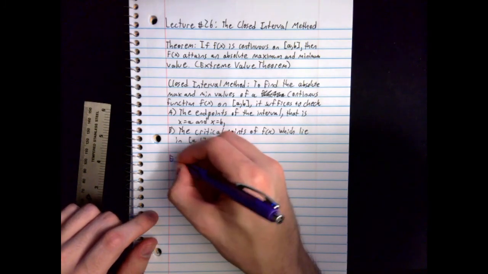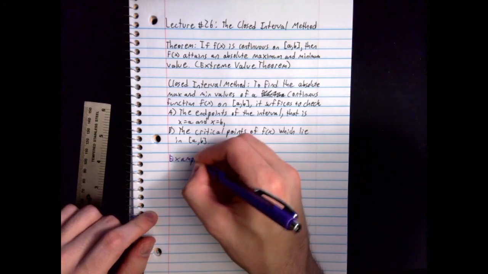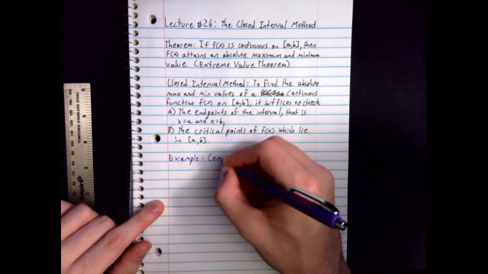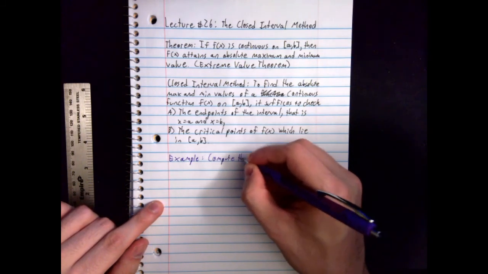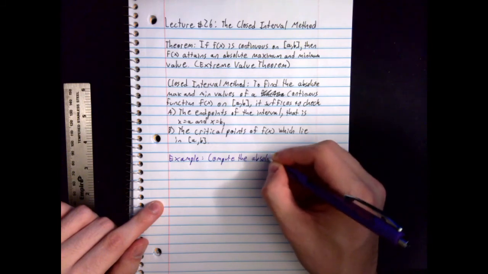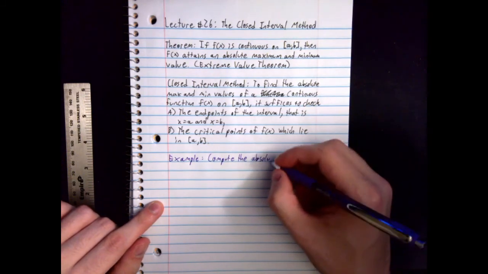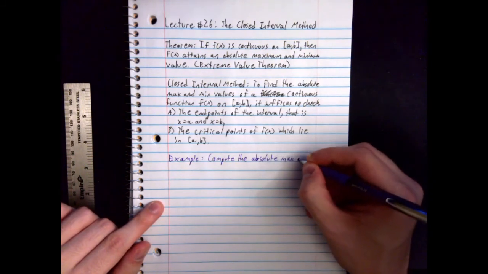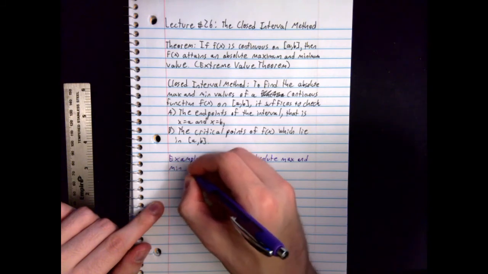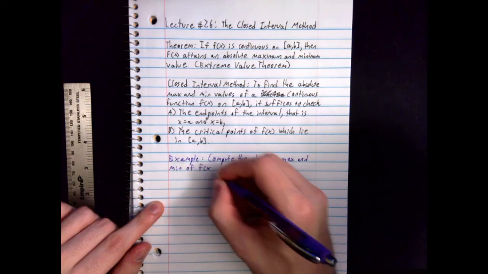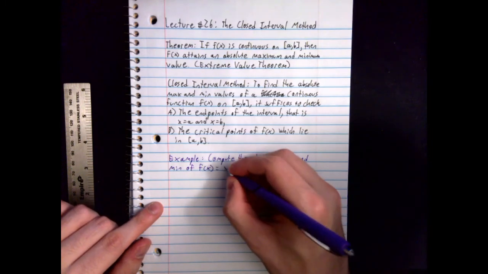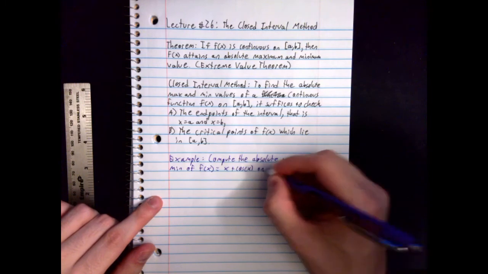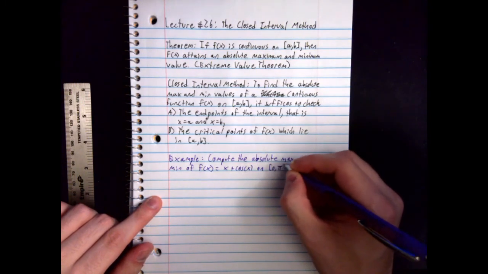So example. Let's compute the absolute, and we might also call this the global, maximum and minimum, absolute max and min of, and the function we'll use for this first example is just x plus cosine of x, and we're going to do this on the interval 0 to pi.